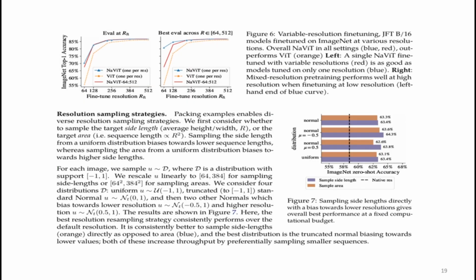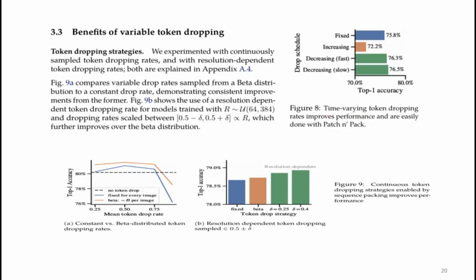This NaViT uses a novel approach called sequence packing during training, which allows the model to process images in their native resolutions without needing to resize them to a fixed size. This flexibility leads to more accurate and efficient processing of images with varied formats.